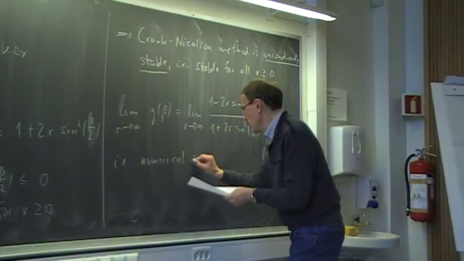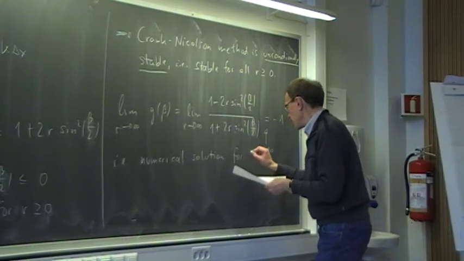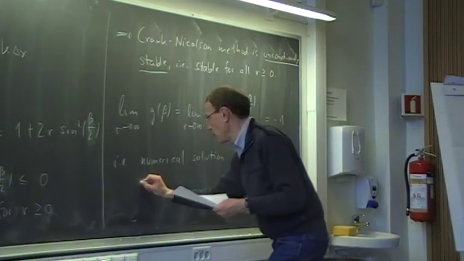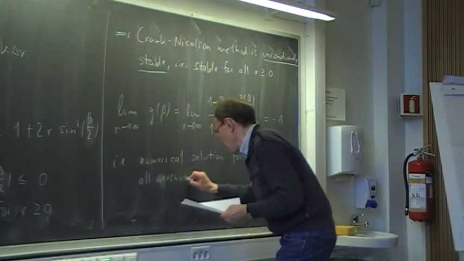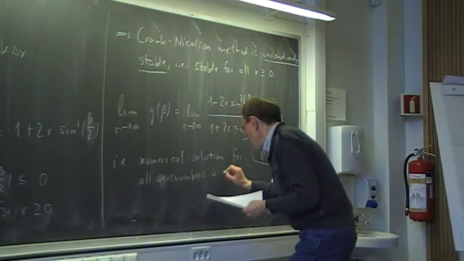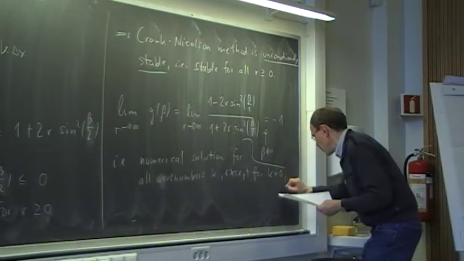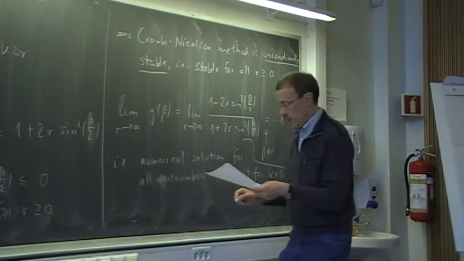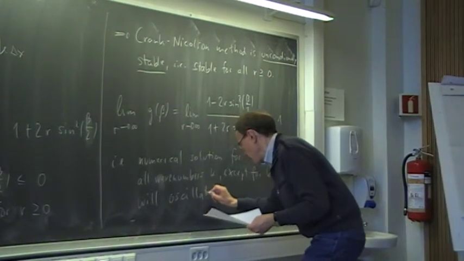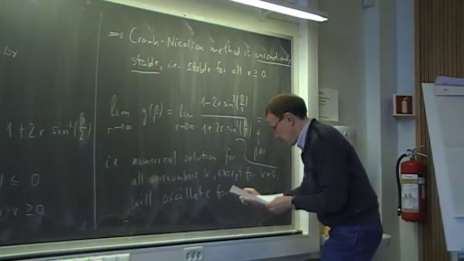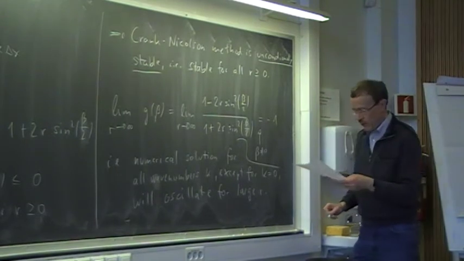So the numerical solution for all wave numbers k except for k equals 0 will oscillate for large R. So therefore, we should not use it.